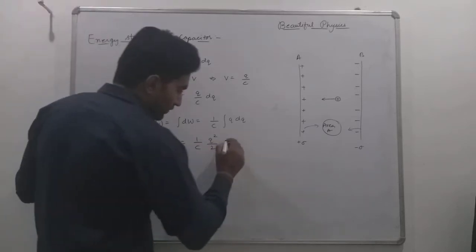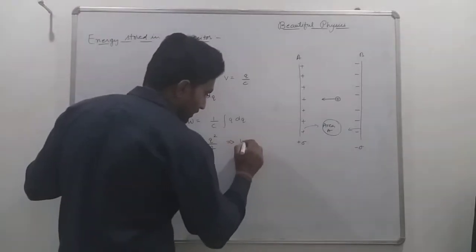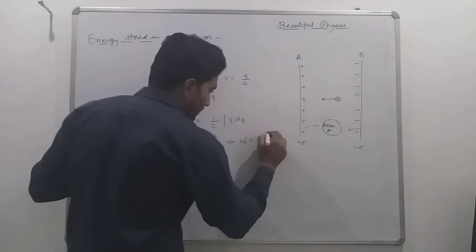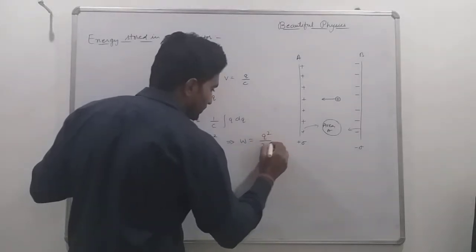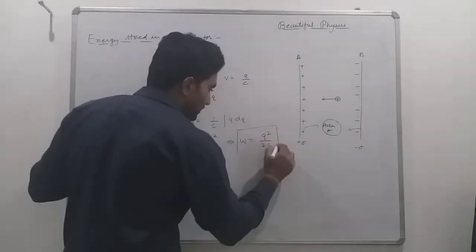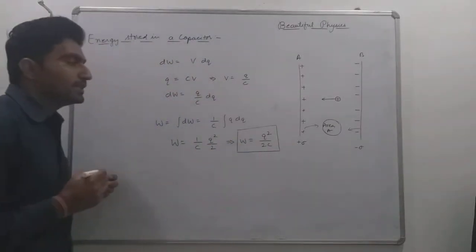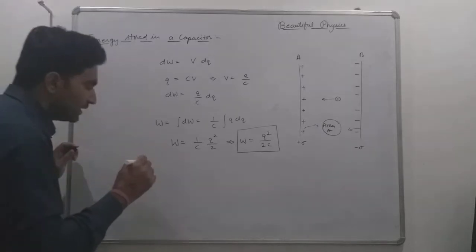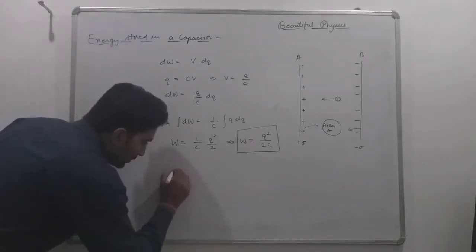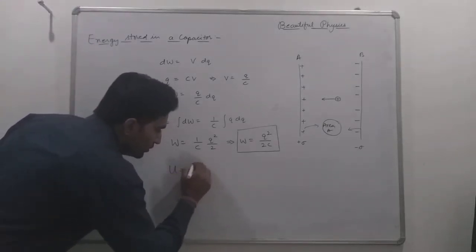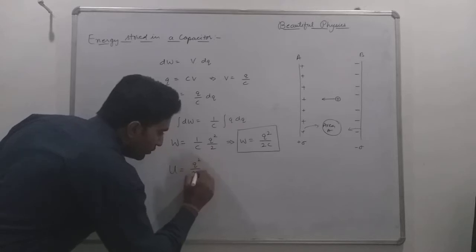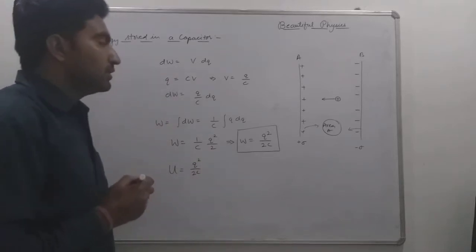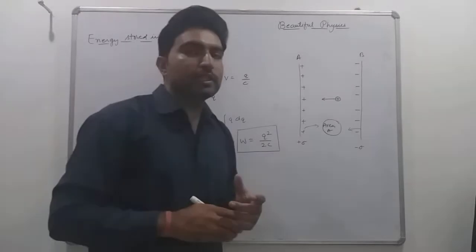So the work done is equal to Q square divided by 2C, and this work done is stored in the form of energy, which can be written as U. U will be equal to Q square divided by 2C. It is the first form of the energy stored in a capacitor.